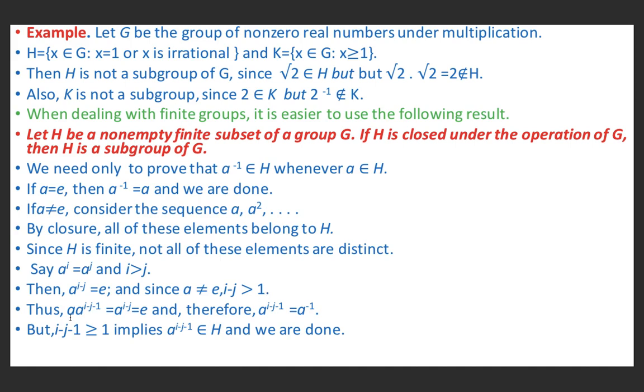Thus A times A^(i-j-1) equals A^(i-j), which equals E, and therefore A^(i-j-1) is equal to A inverse, because A times A^(i-j-1) is A^(i-j), and we have proved it to be E. So this element is the inverse of A. But i minus j minus 1 is greater than or equal to 1.